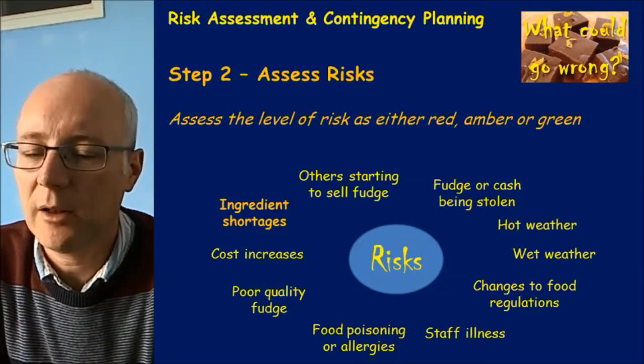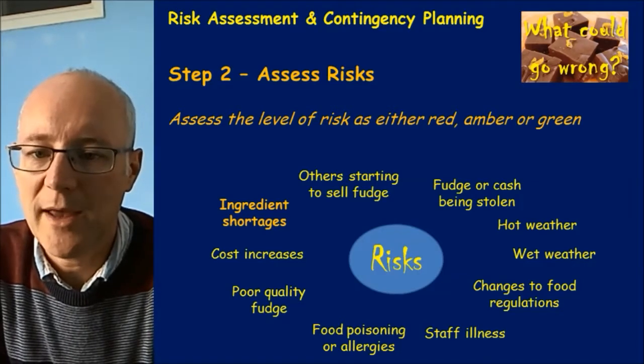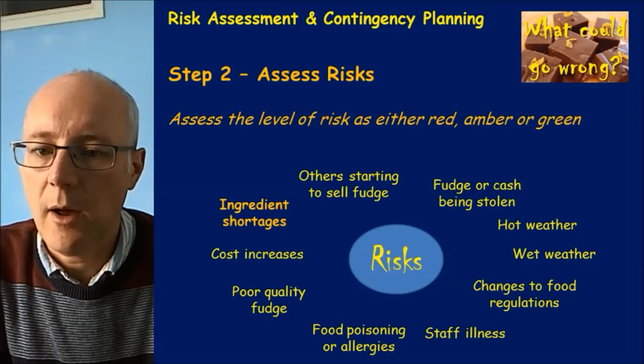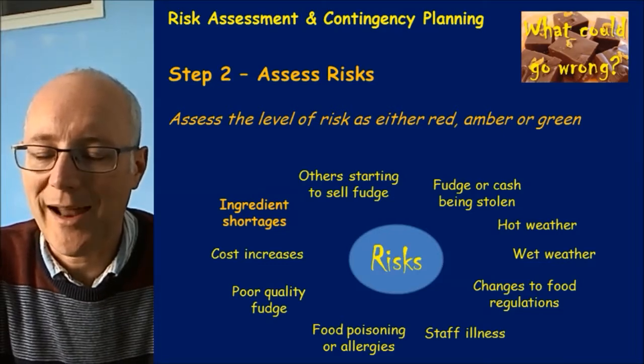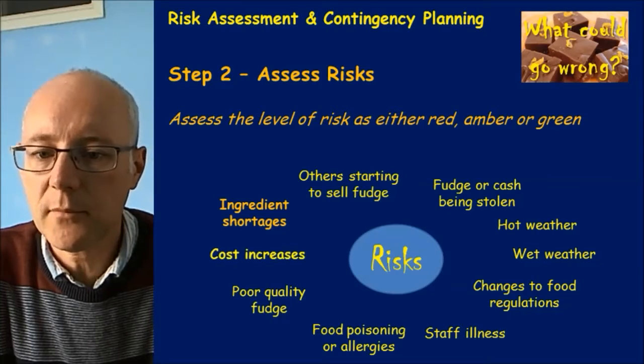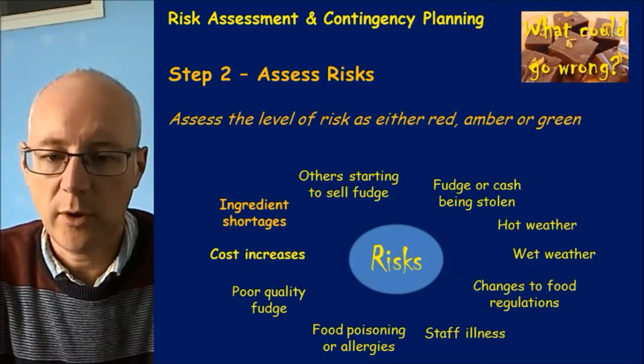It might cost me a little bit more, but it's not going to be a major disaster for my business if I can't get hold of enough ingredients. Perhaps what I need to do is actually plan to buy enough ingredients to last me a reasonable length of time.